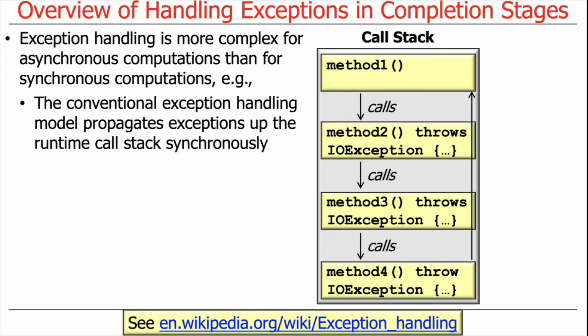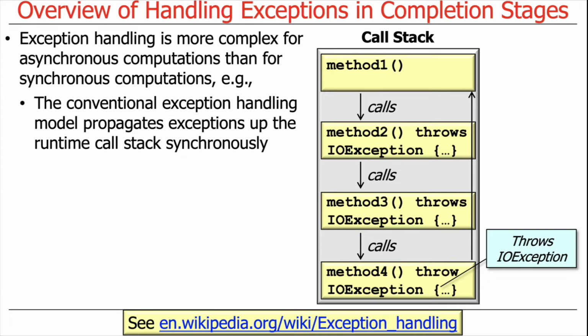So let's first think about how you handle exceptions in the conventional way. If you have synchronous code where you make method calls in the good old-fashioned way, two-way synchronous calls, let's say method 1 calls method 2, which calls method 3, which calls method 4. And let's say, for the sake of argument, that method 4 throws an IO exception.